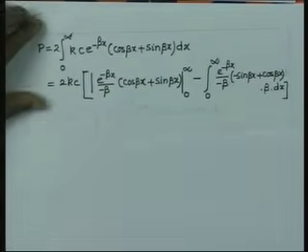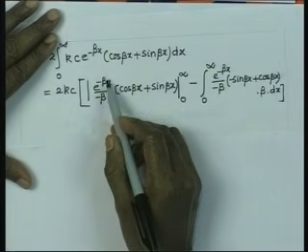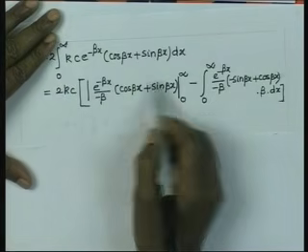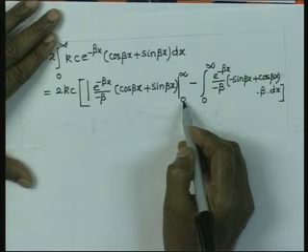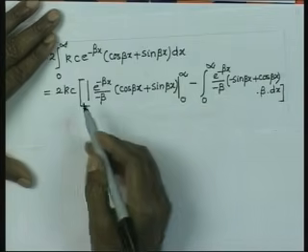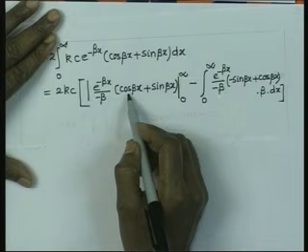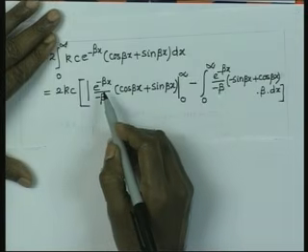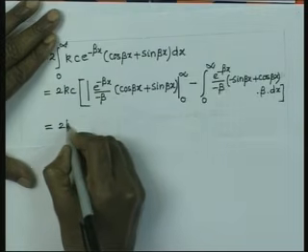And now, if you try to evaluate this thing at infinity, e to the power minus infinity will become 0. So, therefore, this gets knocked off, and then if you try to evaluate at 0, this is unity and it is going to be minus this quantity at x equal to 0. So, this will become unity and this is 1 by beta and this is going to be 1, this is 0. So, therefore, it is minus 1 by beta and that minus minus will give us plus 1 by beta.